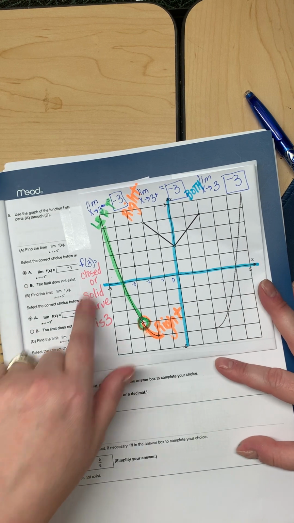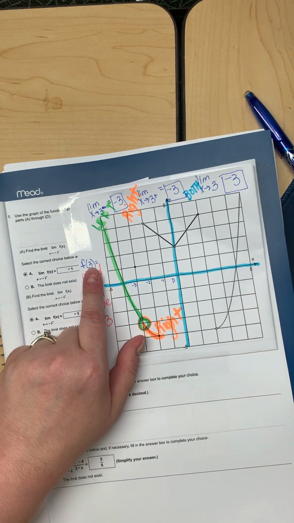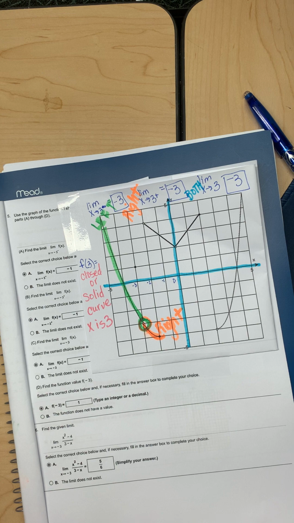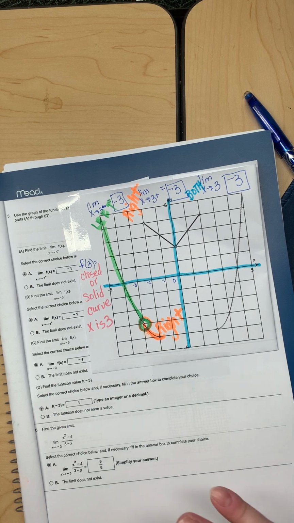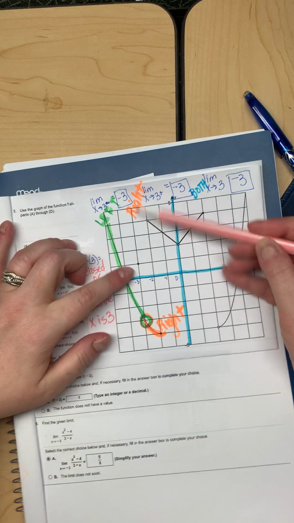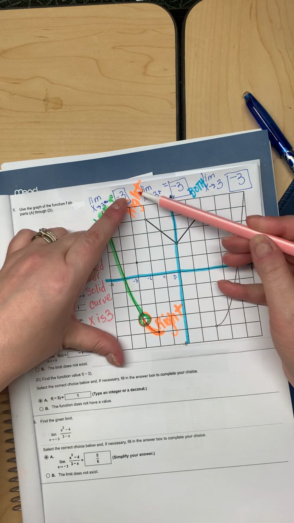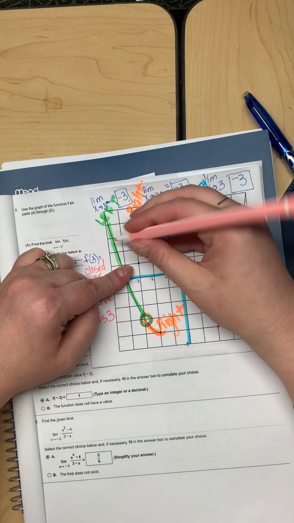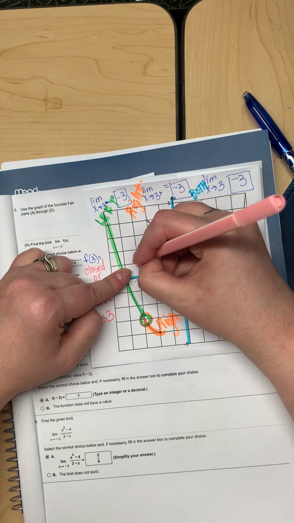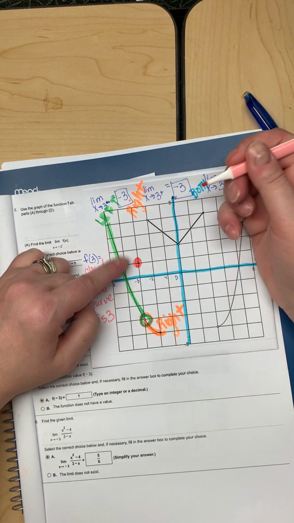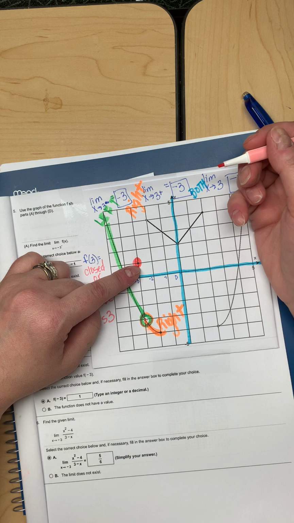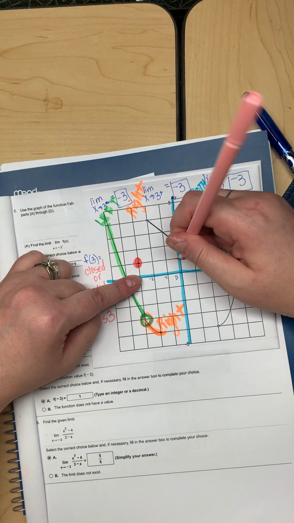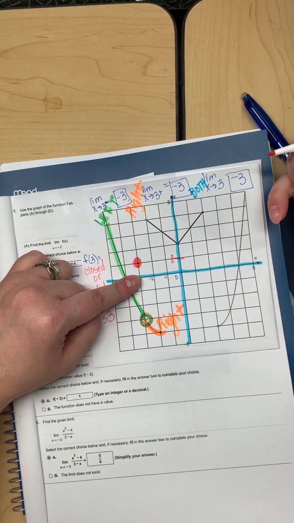Okay, then lastly, for f of -3, we look at the closed hole or the solid piece of the curve when x is negative 3. Here's x is negative 3, and I see an open hole, and you can barely see it, there's a closed hole right here. It is a closed hole, and so its y value is 1.